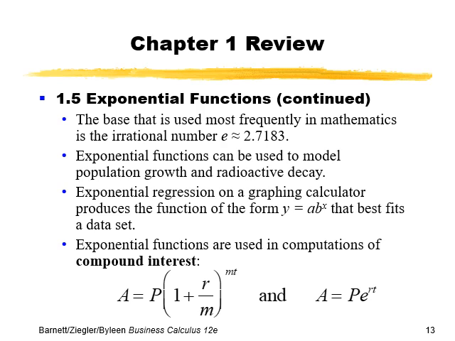The base that is used most frequently for exponential functions is e. We see this again in chapter 3, where we use it for radioactive decay and compound interest. Here's the function for compound interest, these guys right here.